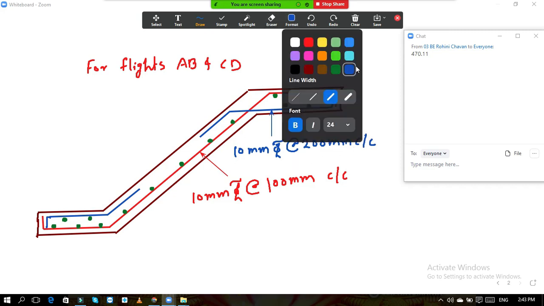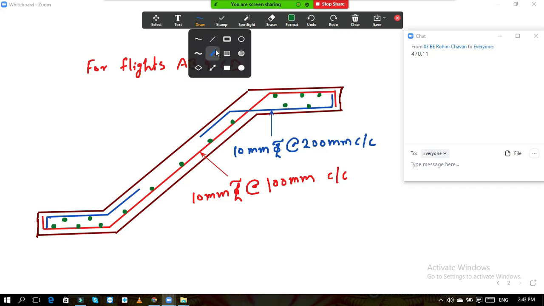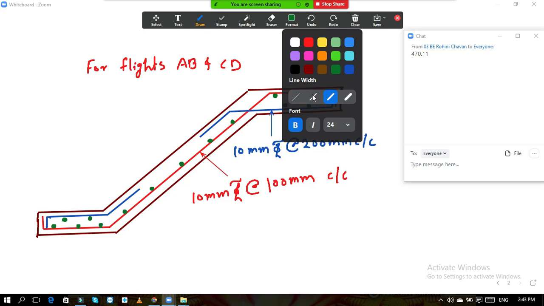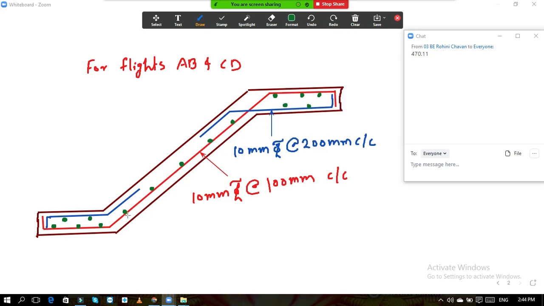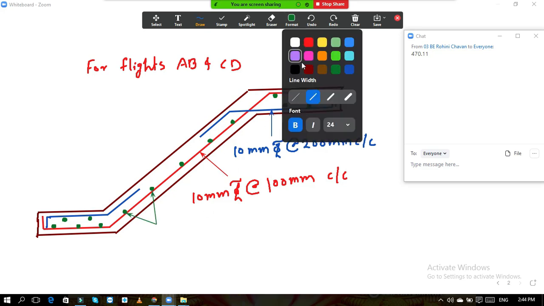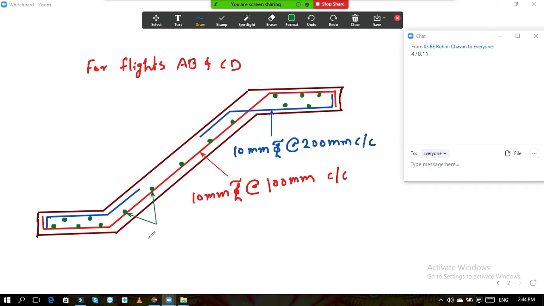And then the last one is the distribution steel. So this distribution steel is 8 mm bars about, what is the spacing for distribution steel?